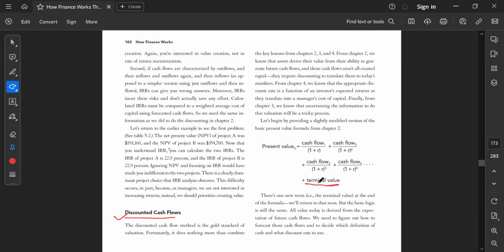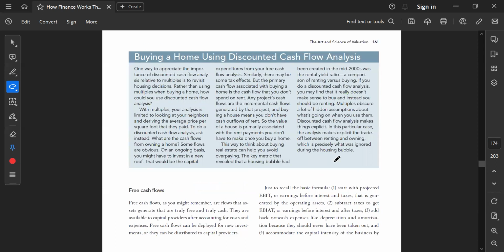Okay, so this is the new concept that is used in discounted cash flows, and it is not used in calculating net present value. Okay, so we will discuss exactly how to obtain the value of a particular company using discounted cash flow. So all through an exercise.